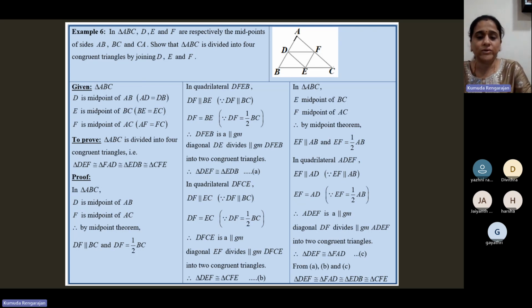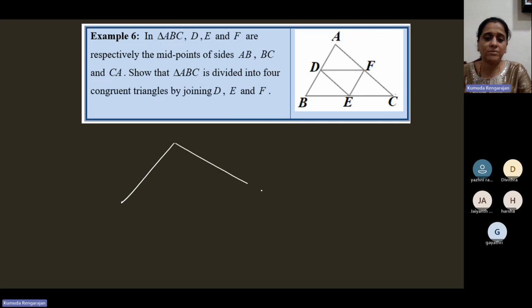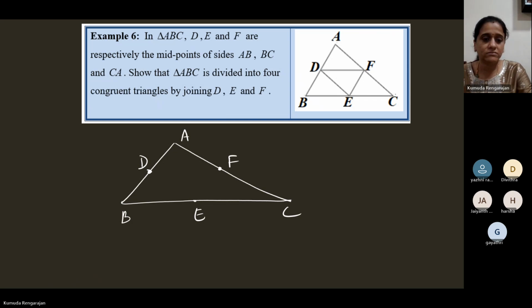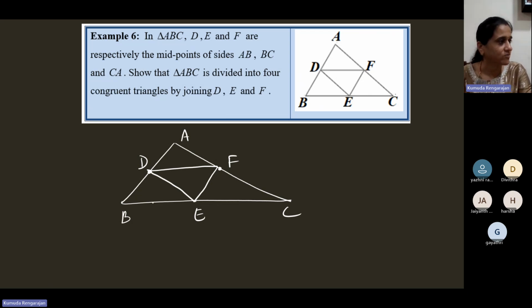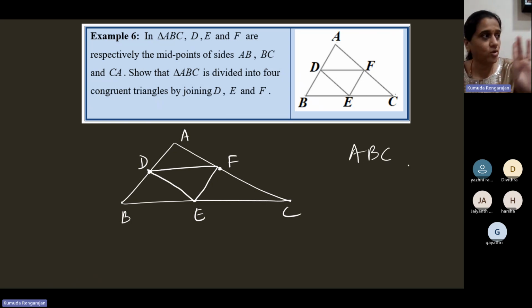So here we have a triangle ABC. D is the midpoint of AB. E is the midpoint of BC. F is the midpoint of AC. Now these 3 points are connected. So now when you do this, the whole triangle ABC is divided into 4 smaller triangles.